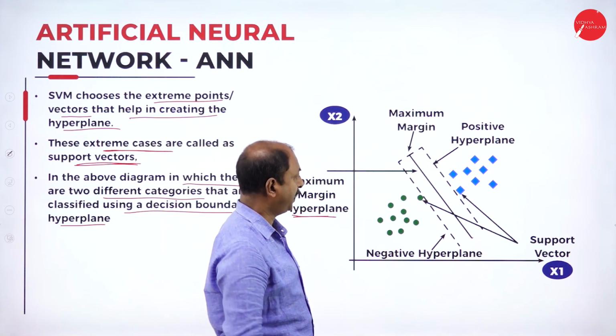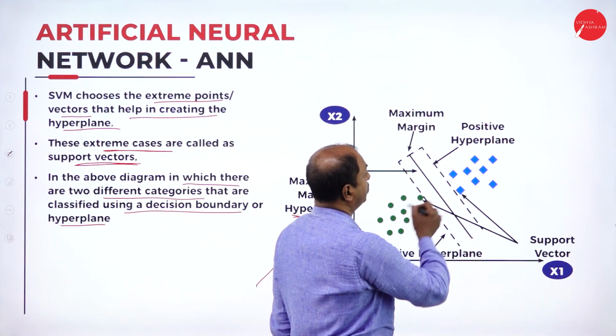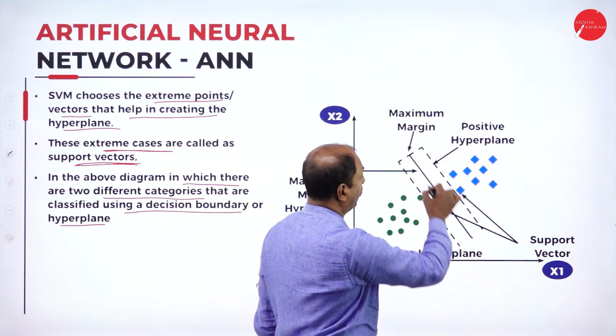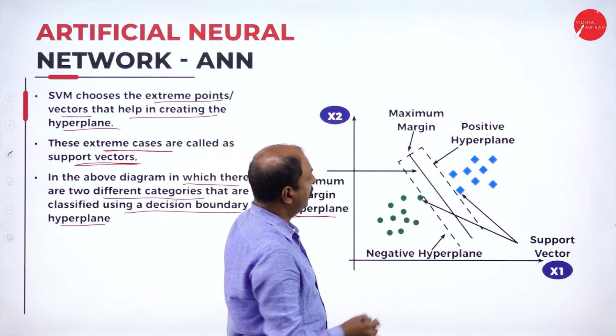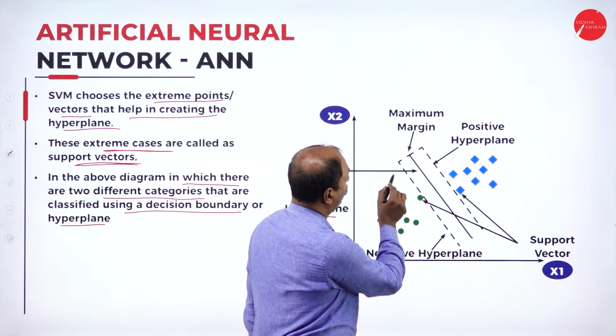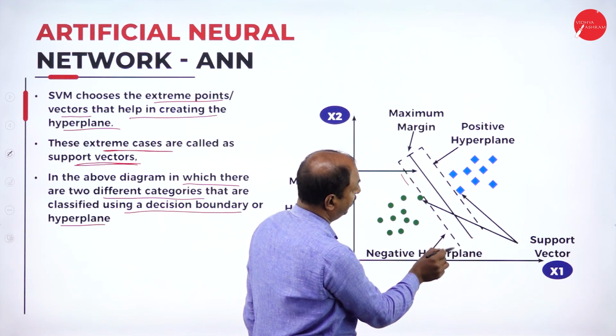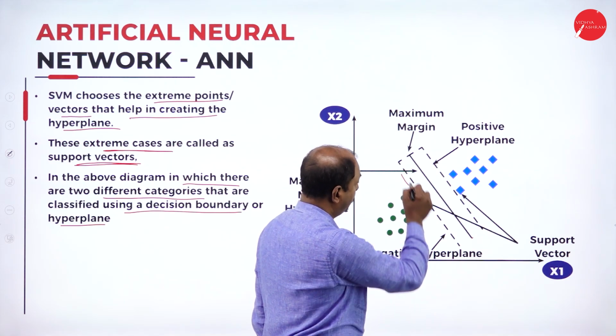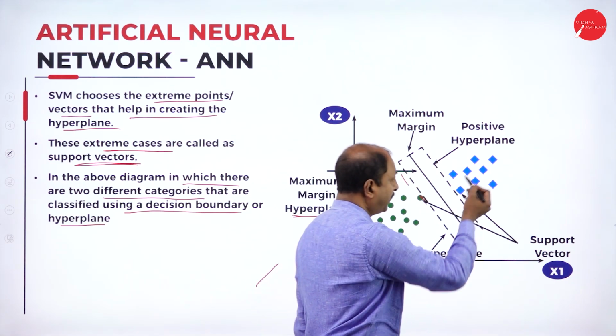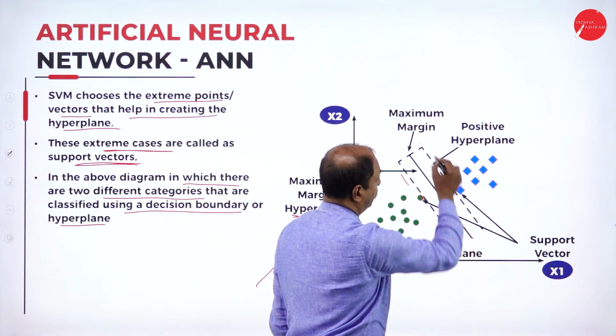If you observe this, it is possible to segregate this with a number of lines. We can draw a number of lines here, but here we are considering one line. The dotted line here is touching this point of this set, and on the other side there is another dotted line.